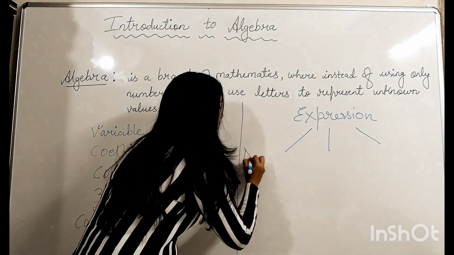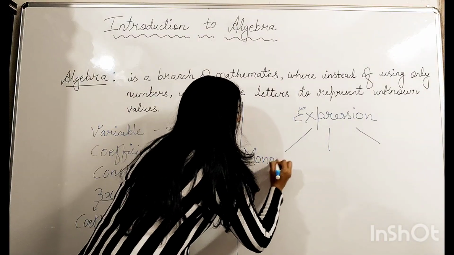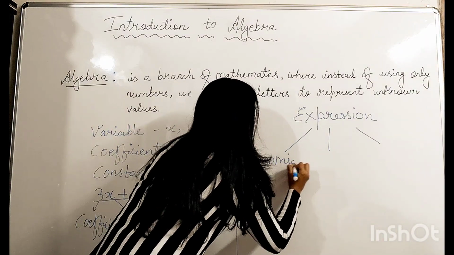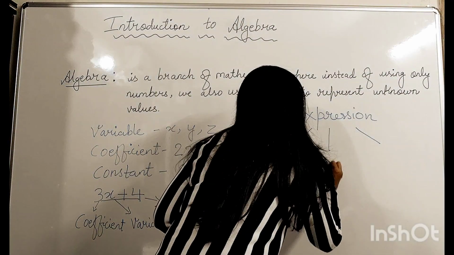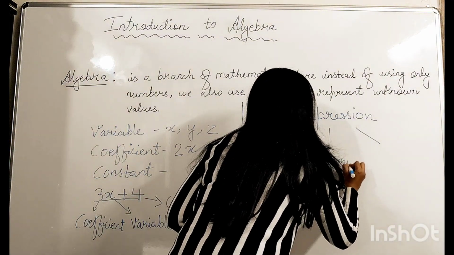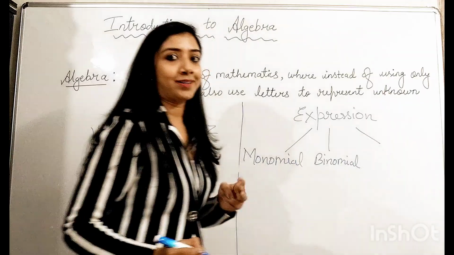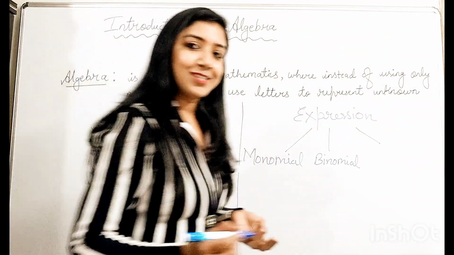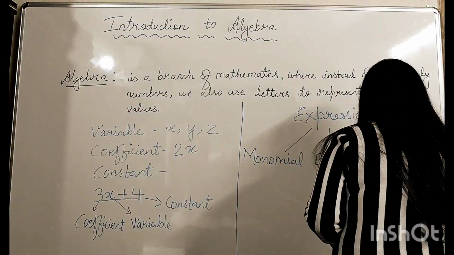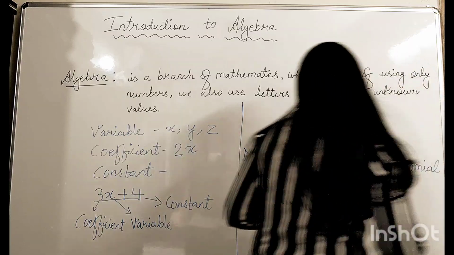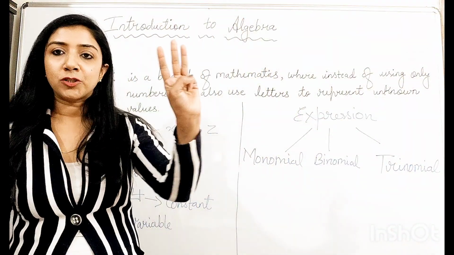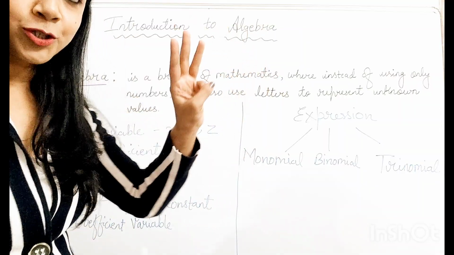What is monomial? Second one is binomial. And third one is, any guesses? Trinomial. Okay, we have three types of expressions: monomial, binomial and trinomial.